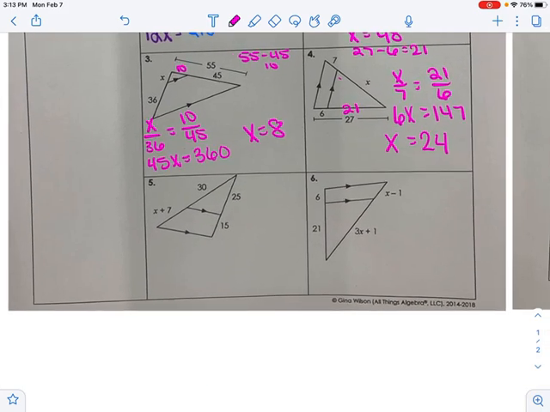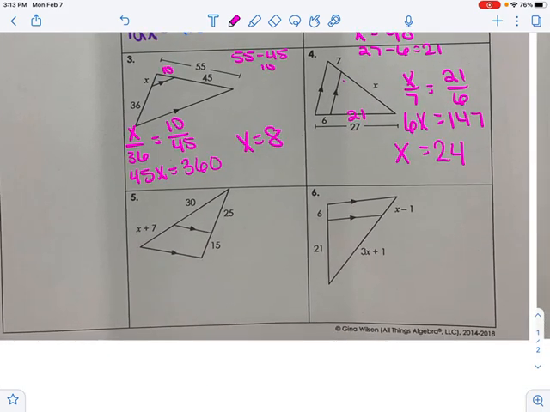Okay, in this last set of examples, now we have more than just x. In this case, it's x plus 7. Still treat it the same way. 30 over x plus 7 is equal to 25 over 15. Still cross multiply. But when you cross multiply, for example, this 25 has to distribute to both things.